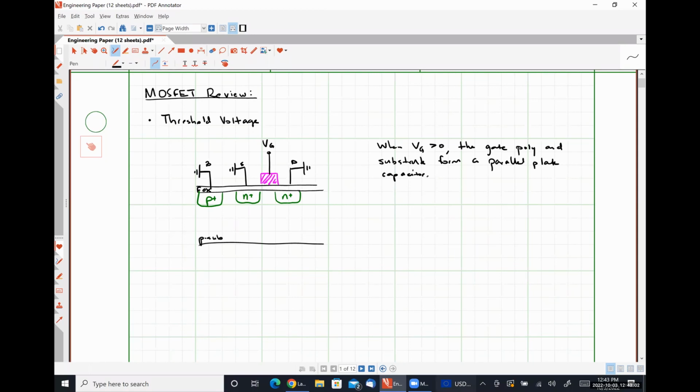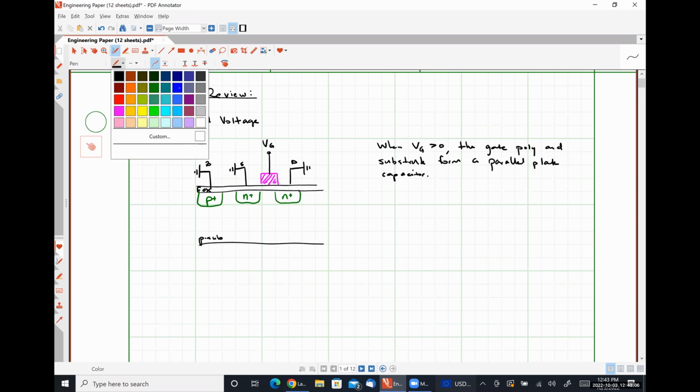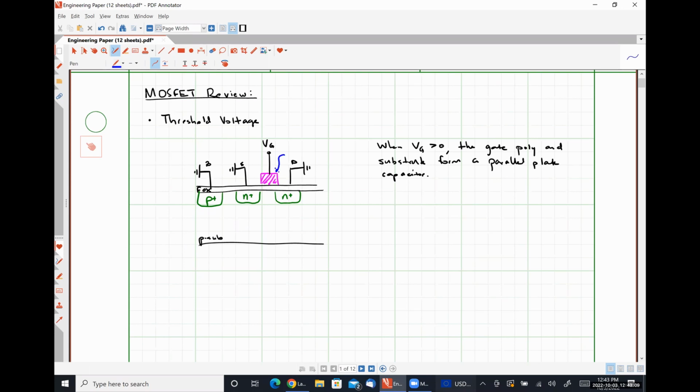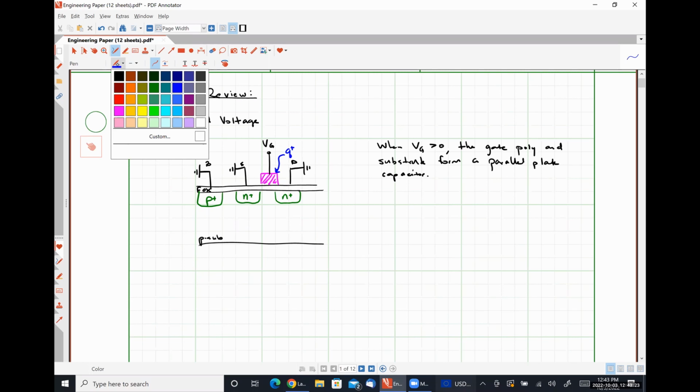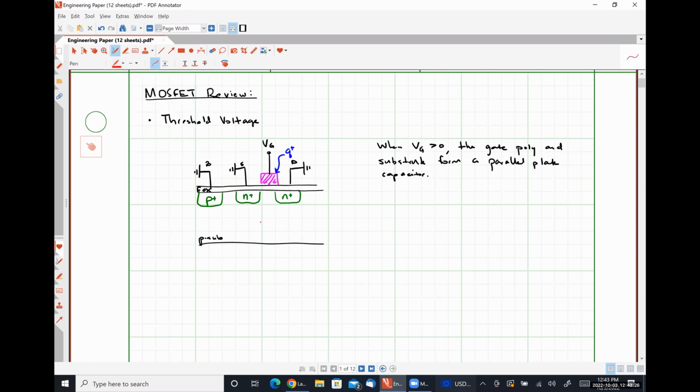So as the voltage VG increases, what we are going to observe is that some positive charge, let's call it Q plus, is going to accumulate at the gate, and in turn, some negative charge, Q minus, has to accumulate in the substrate underneath the gate, right?